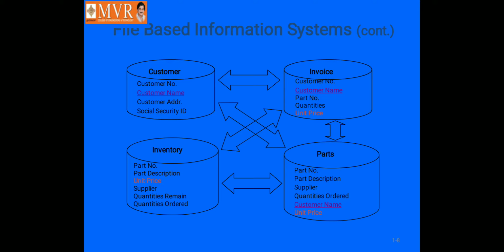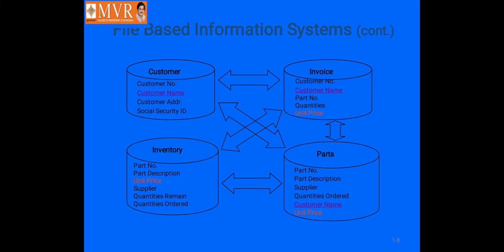In the parts, part number, part description, supplier, quantities ordered, customer name and unit price. The four diagrams we have seen are the tables in the database management system.